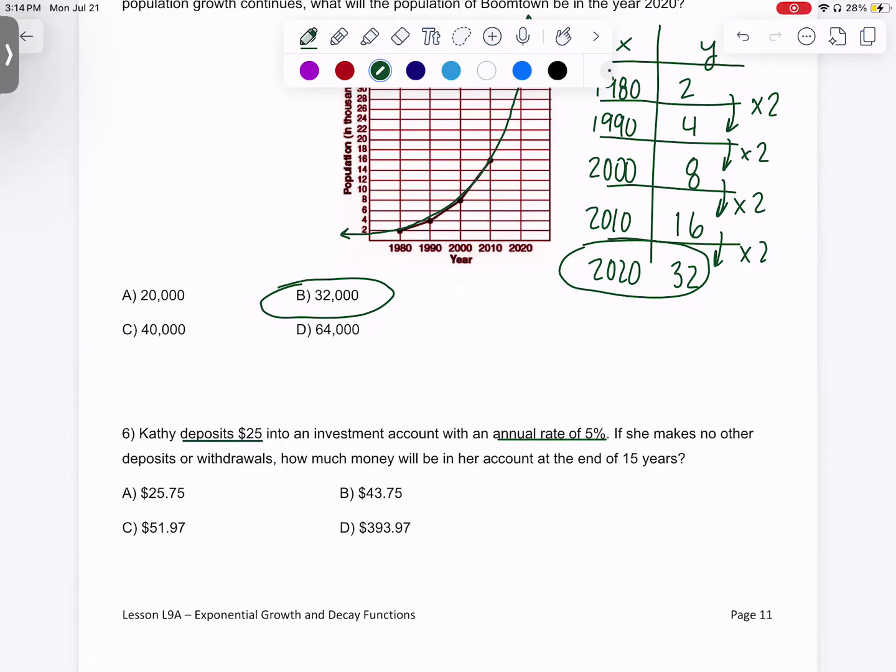She's not getting any special kind of competitive interest rate. A is $25, and the 5% is going to be a part of our B. But remember, your percent is the letter R, the rate. R is 5%. If we divide it by 100, that's 0.05.